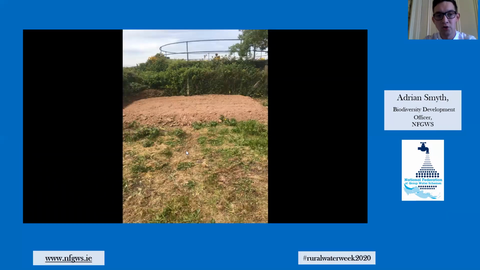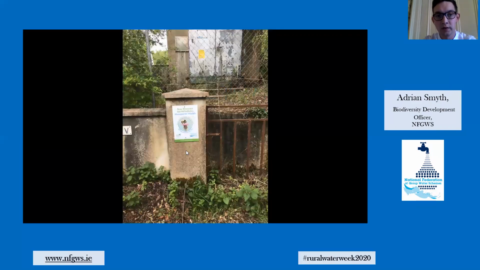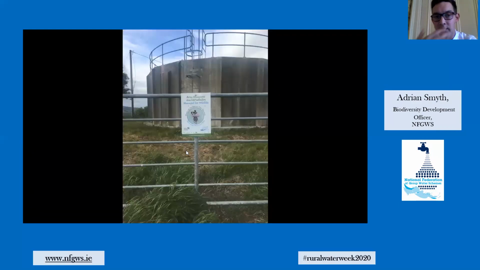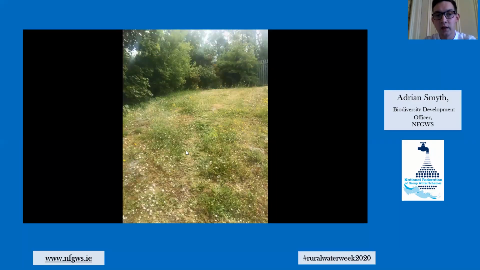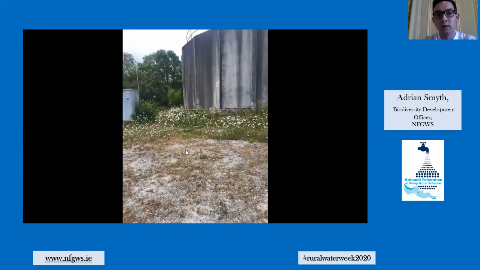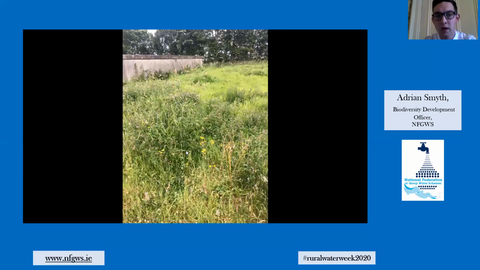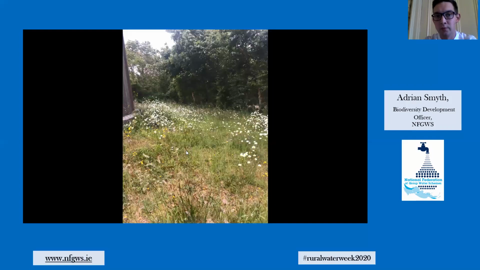Some of the preparation and also some of the results here allow the scheme to be far more aesthetically pleasing, but you can also see that they reduce the use of herbicides. There's a good amount of wildflowers coming through, which is excellent from your pollinator side of things, but also it's reinforcing the practice that the scheme is having of not using herbicides.